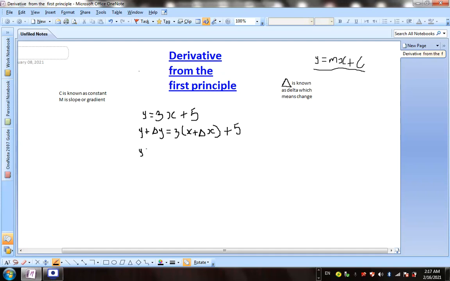Then y plus dy, subtract y from this side, minus y, is equal to 3 in bracket x plus dx, plus 5, minus 3x plus 5.